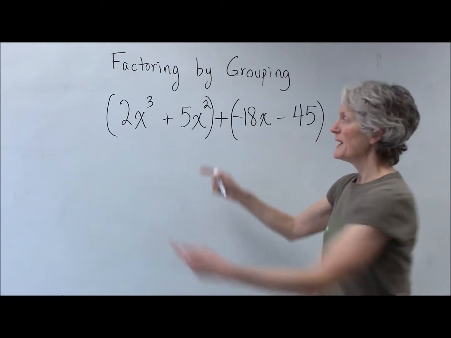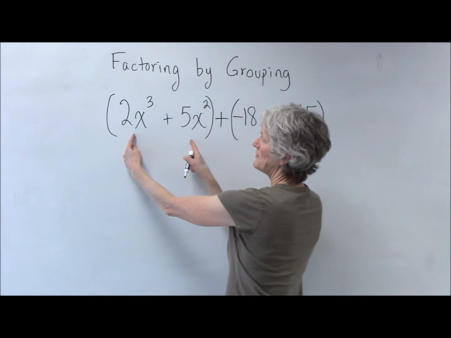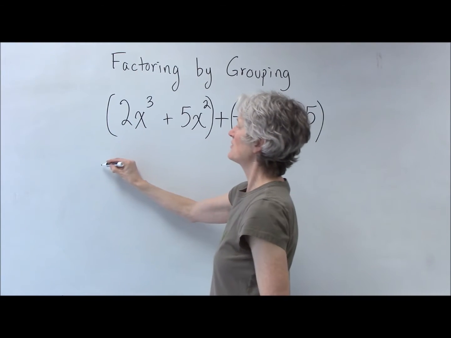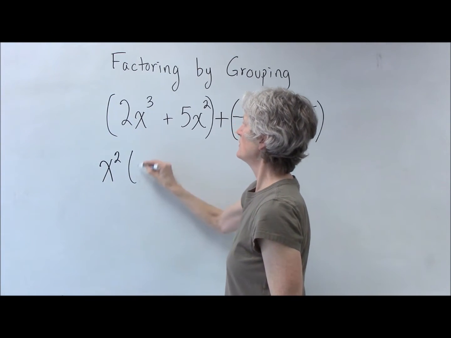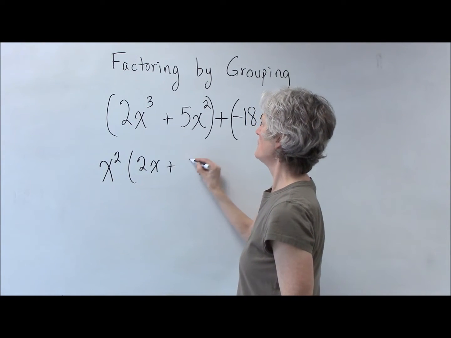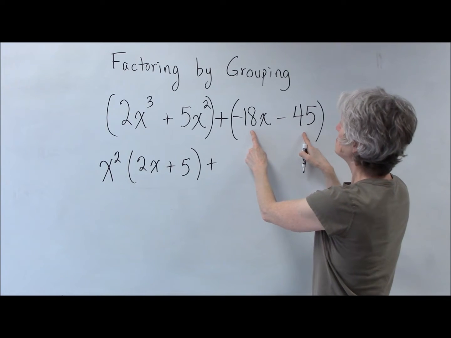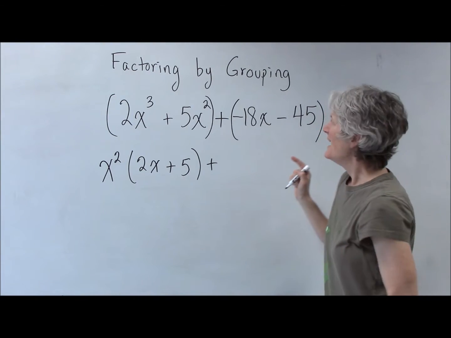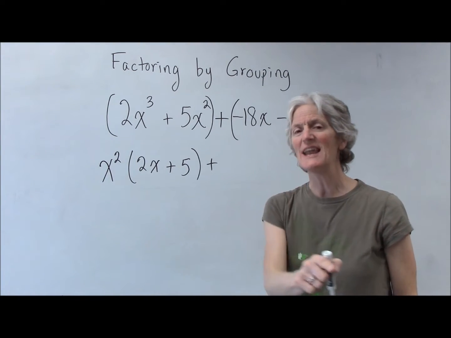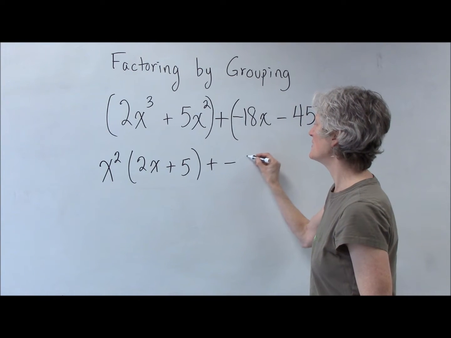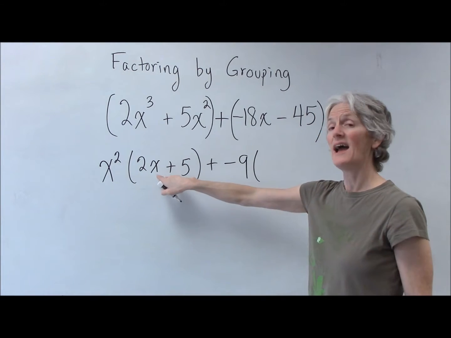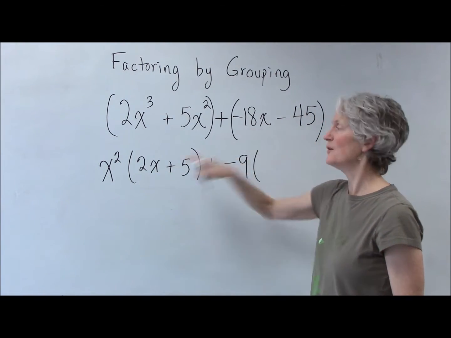All right, factor by grouping, look for a greatest common factor. I'm thinking an x squared is common to both of those, leaving me with 2x plus 5. Plus, greatest common factor, I'm thinking a 9. And I'm not just going to take out a 9, I'm going to take out a negative 9 because I have a negative on what I want left over.